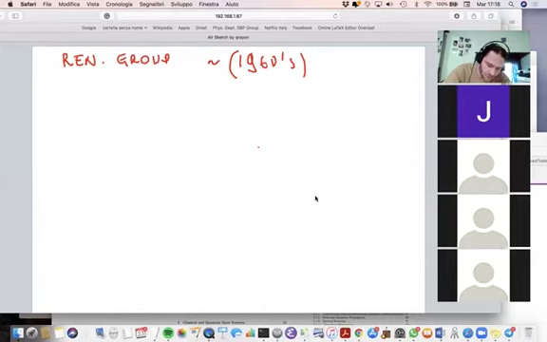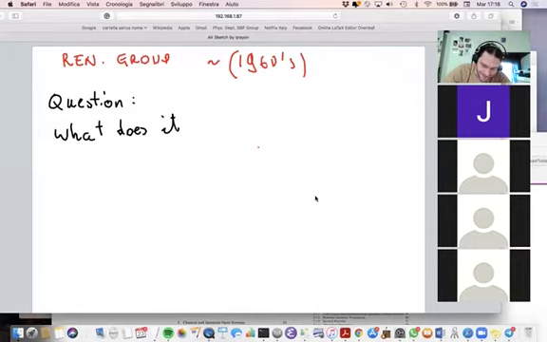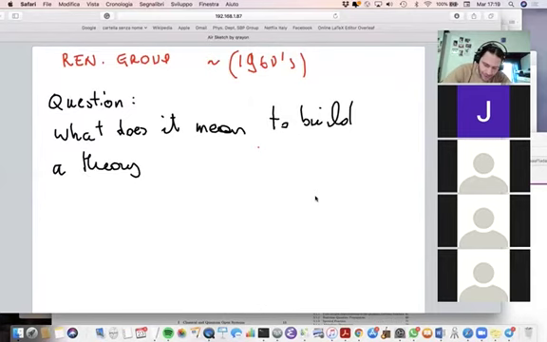And the question to which the renormalization group theory provides an answer is the following. What does it mean to build a theory or a model, depending on how you want to call it, for a physical process?